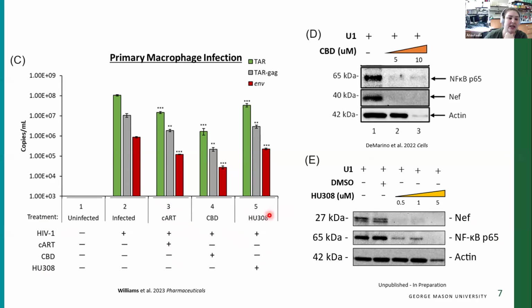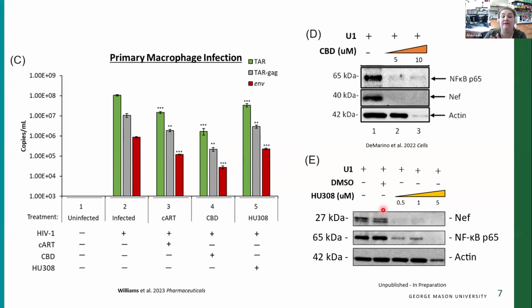At the end of those 3 days, we looked at those viral transcripts and saw, even in our primary macrophages, a decrease in viral transcripts in both HU308 and CBD compared to the infected control.